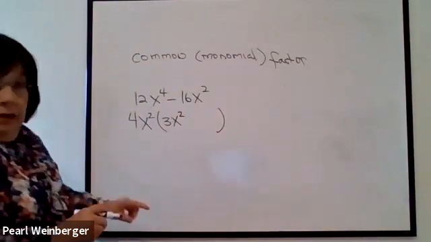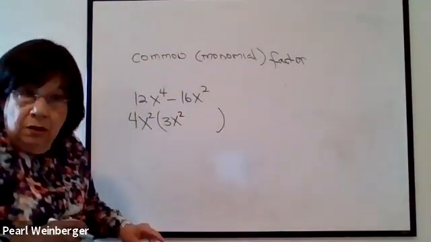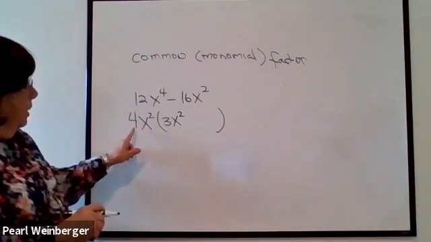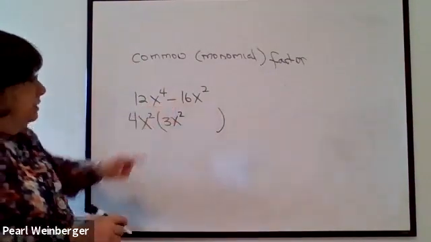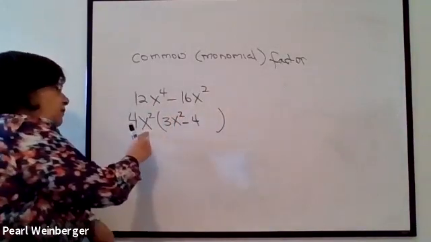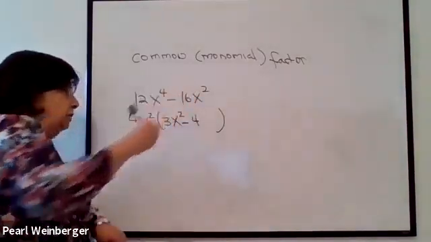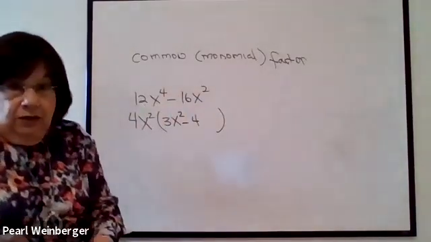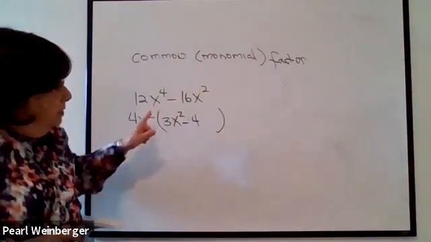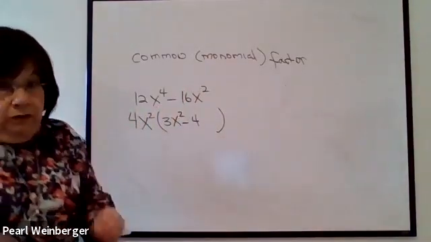After you do that, you go to the next term. You divide the 4 into negative 16, which gives you negative 4. And then you divide the x squared into the x squared. Now, when you divide x squared by x squared, the 2 minus the 2 gives you an exponent of 0.